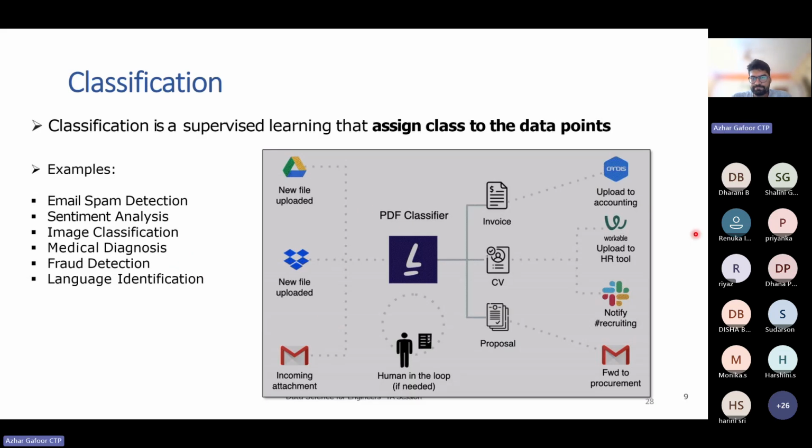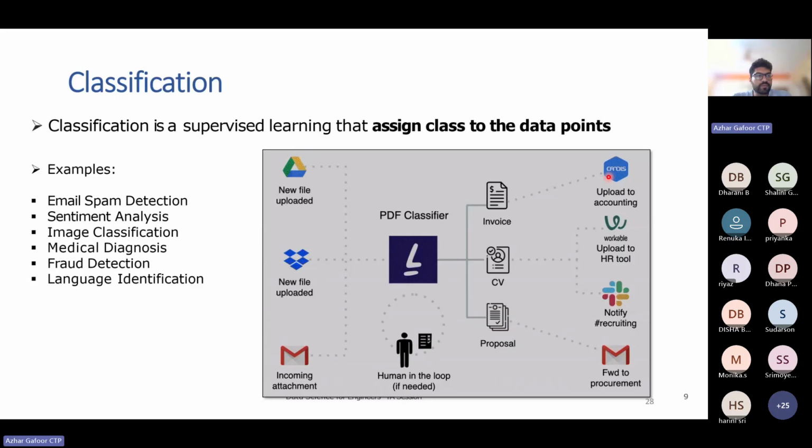This is just an overview of what classification can do. If a new file is uploaded or we have an incoming attachment, we'll use a PDF classifier to classify whether it is an invoice, a CV, or a proposal.